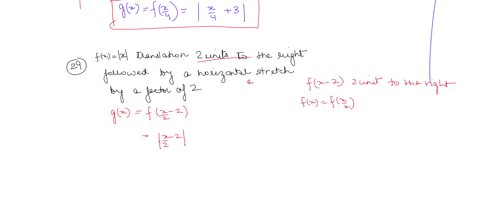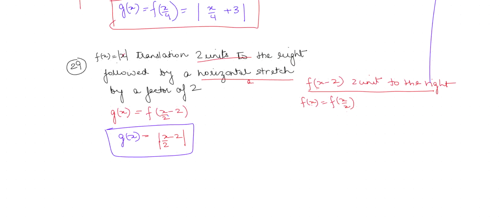So 2 units right will be x minus 2, and then whatever we have got, we'll just multiply x by half, which will give a horizontal stretch. So this is our answer, g of x. First we moved 2 units right, and then we replaced x by x by 2, or we multiplied x by 1 by 2.